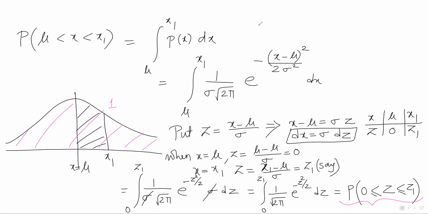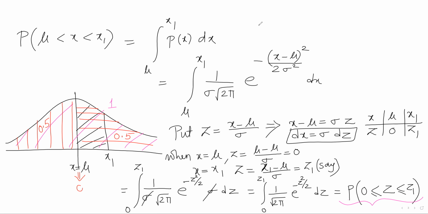If you divide it in two parts, being symmetric, the area in this region is going to be 0.5, and in this region it is also going to be 0.5, because we are transforming this value to 0, correct?